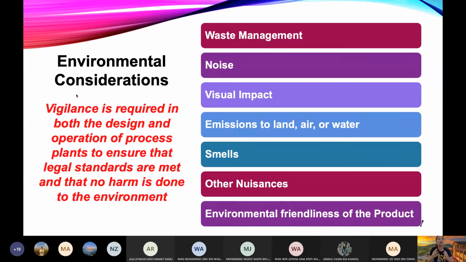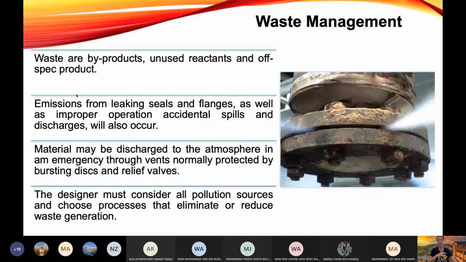These are the things that you need to consider, which are waste management, noise, and so forth. I will discuss some of it in detail, but not all. Because it's not possible to cover everything, I will cover what is important and relevant to most chemical plants. First of all, of course, waste management.